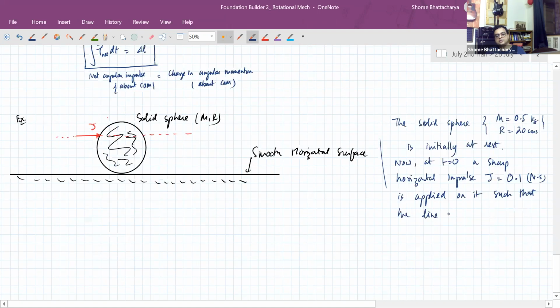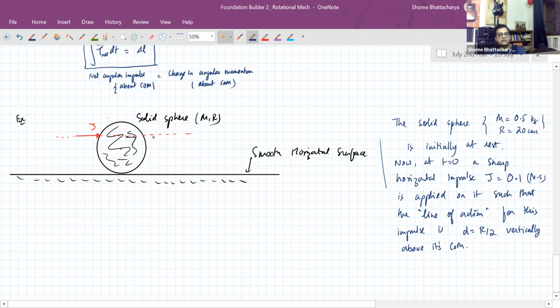the line of action, that is the line along which the impulse is acting, is d equal to r by 2 vertically above its center of mass. So the center of mass of the sphere is here.